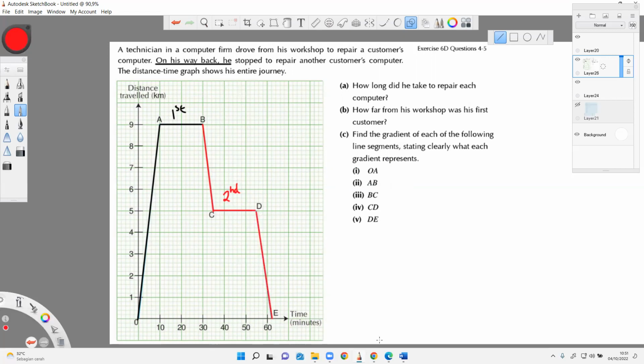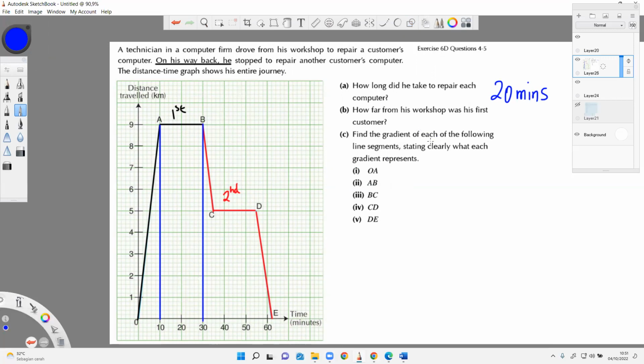Now, how long did he take to repair each computer? Look at this. Minute 10, minute 30. You just subtract 30 minus 10, right? So 20 minutes. Understand, Josephine? Okay, nice.